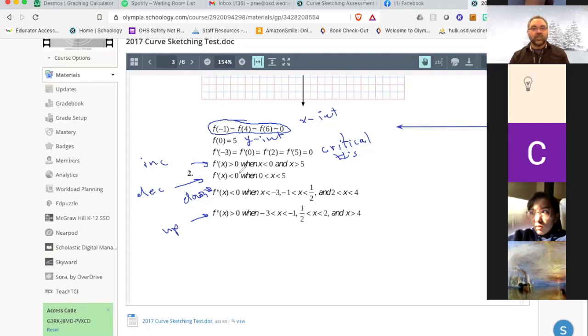So my critical numbers were -3. So let's see, -4, -3, -2, -1, 0, 1, 2, 3, 4, 5, 6. I need a longer axis.